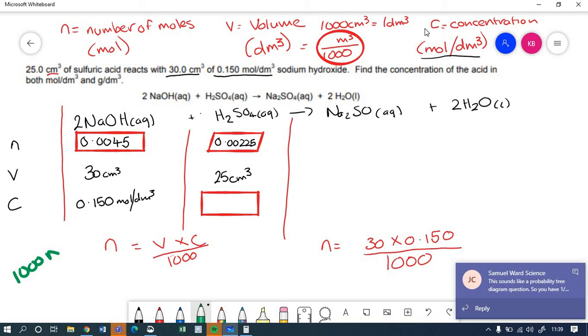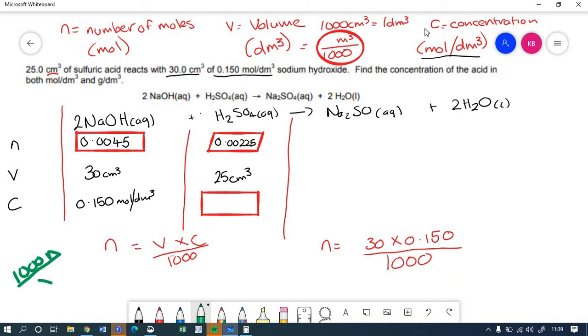So if it's divide on one side, it becomes multiply on the other. I need to know the c value, so it's times c on the one side, so it's going to be divide by v on the other side, divided by v equals c. So if I do 1000 times n, and then divide it by v, it will give me the concentration.